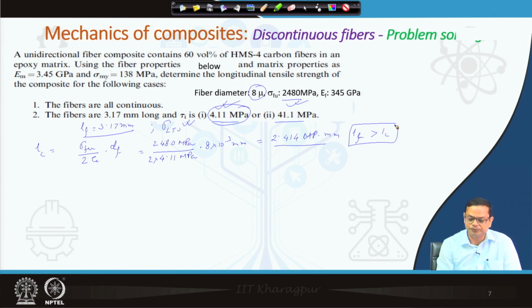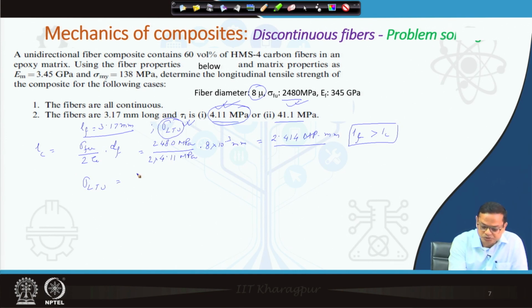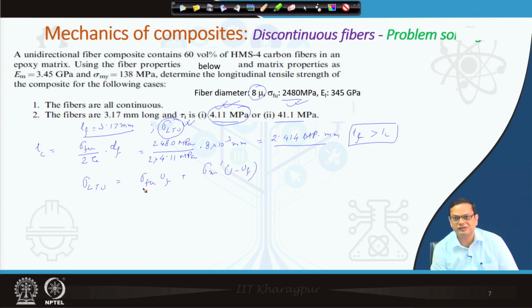Now you have to find the value of sigma LTU. Sigma LTU is equal to sigma_FU V_F plus sigma_M dash into 1 minus V_F. But it is not sigma_FU actually, because now it is not a continuous fiber, it is a short fiber.